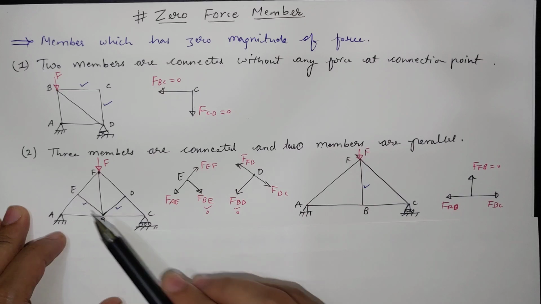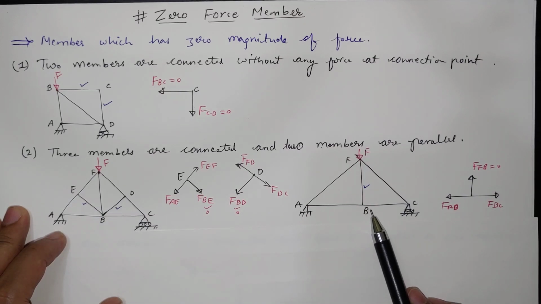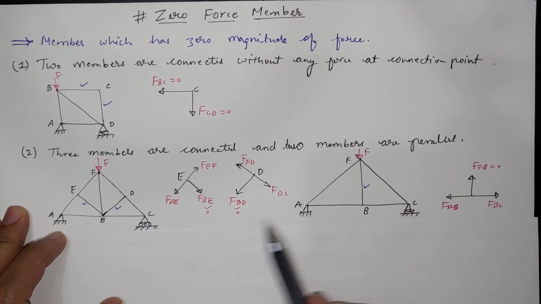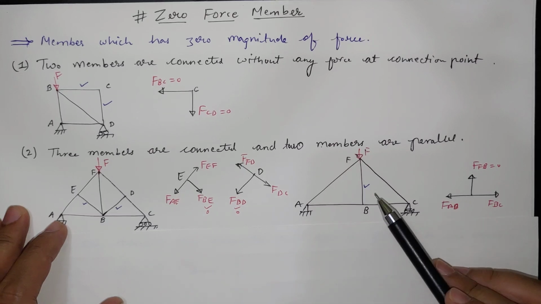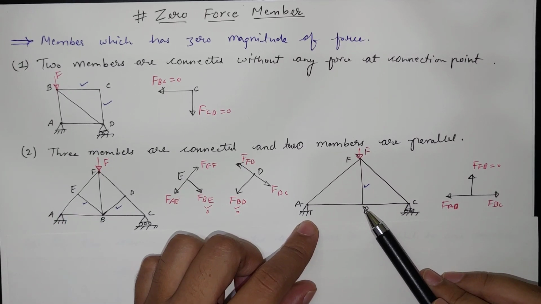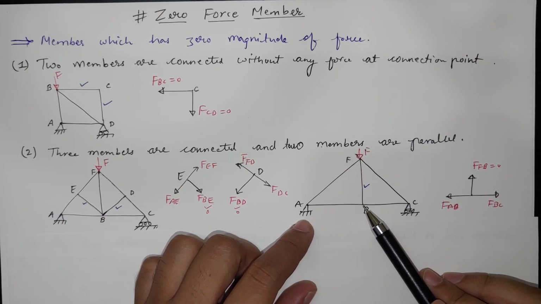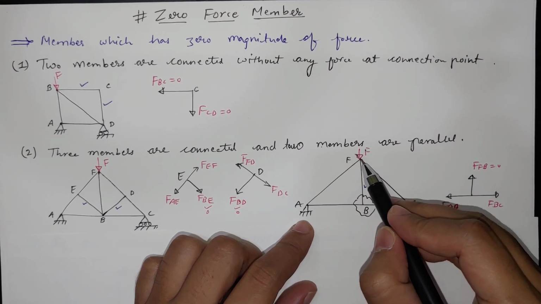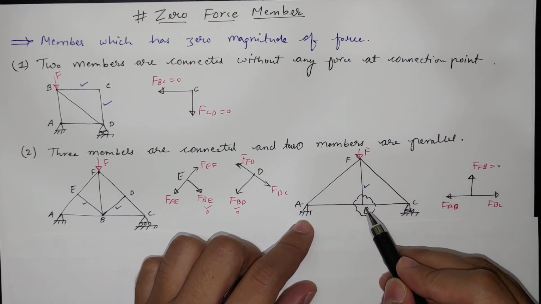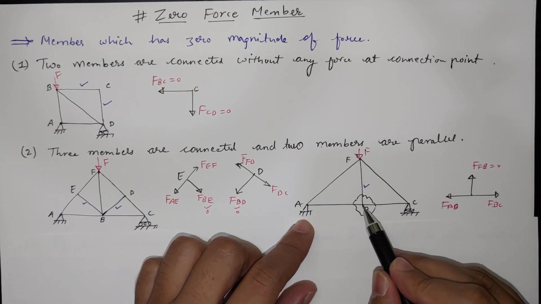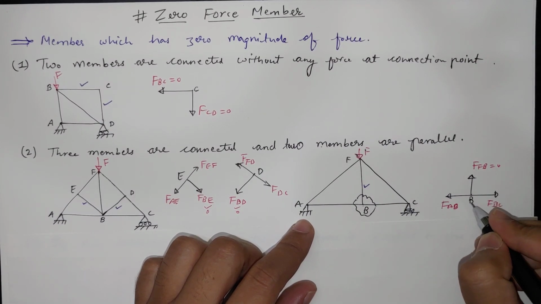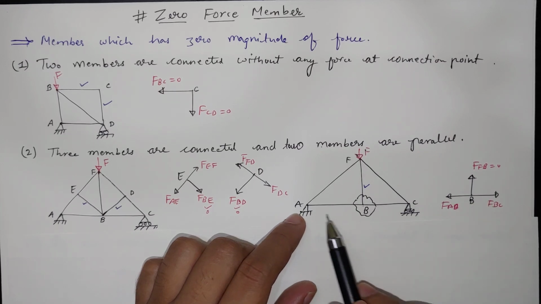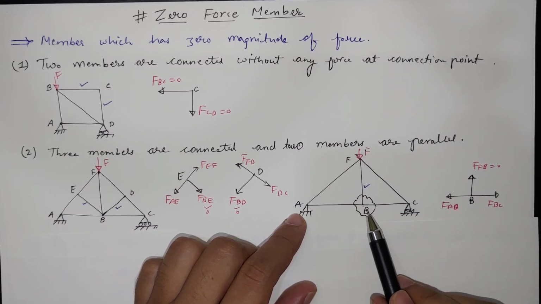So this diagram is equivalent to this diagram, because we can remove these two members. Now if we look at point B, we have to look at the joint only, that is the key. We do not have to look at the force it is transferring along the line of action passing through B. If we look at this B point, there are three members connected, AB, BC and BF.